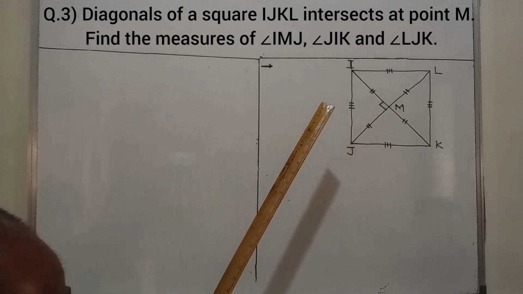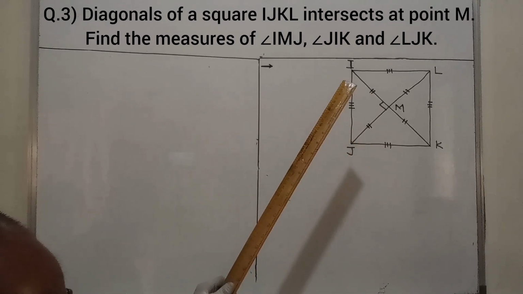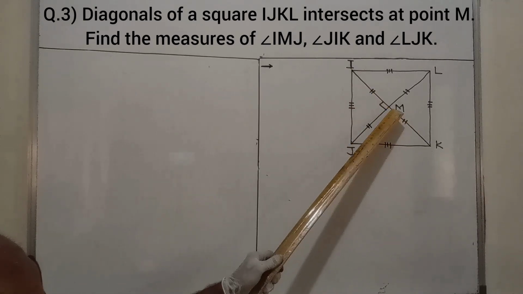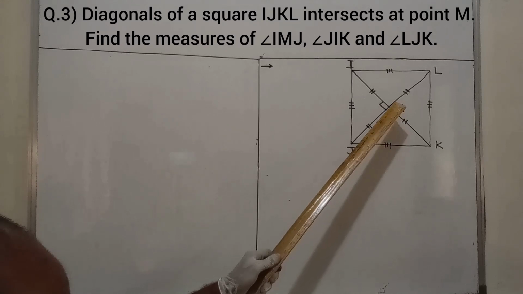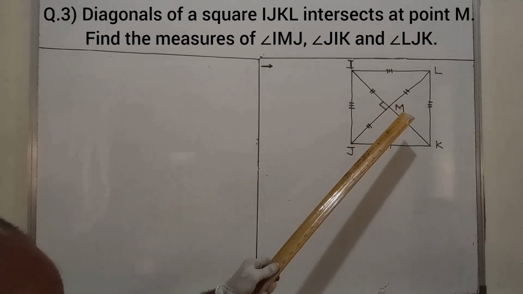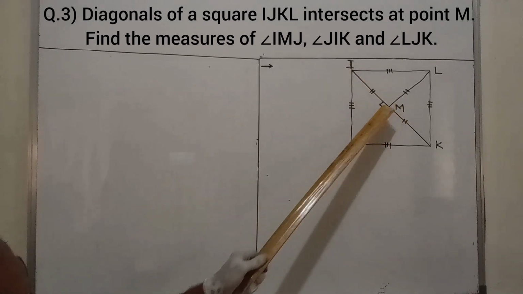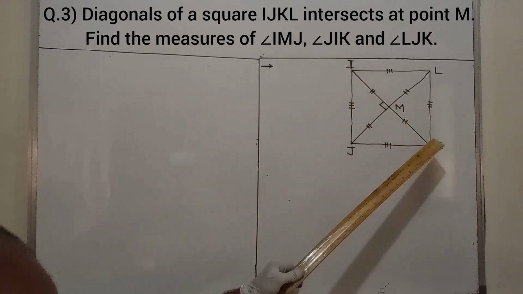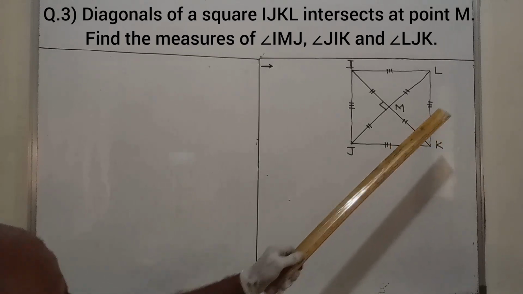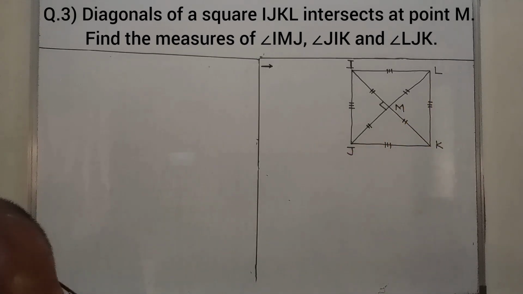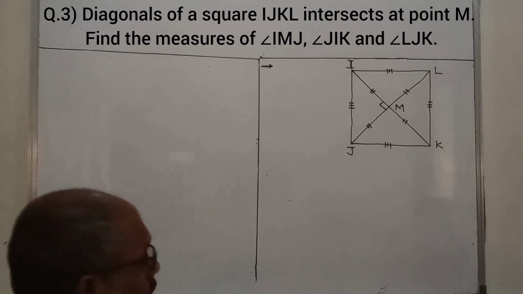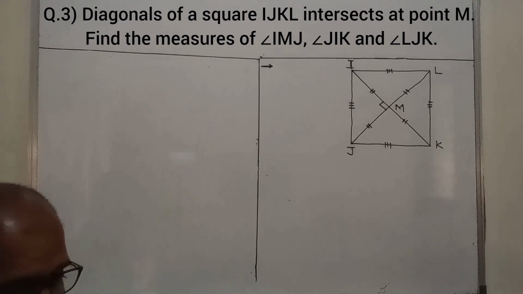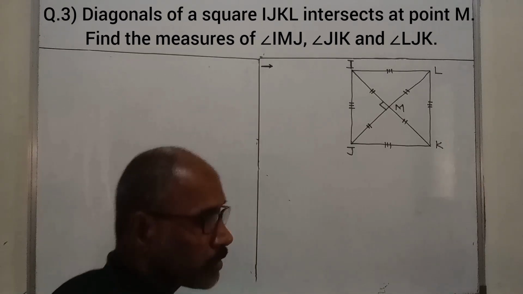Diagonals of square intersect at point M. Find the measures of angle IMJ, then JIK and LJK. Okay, now this is our figure. Now we know different properties of square.